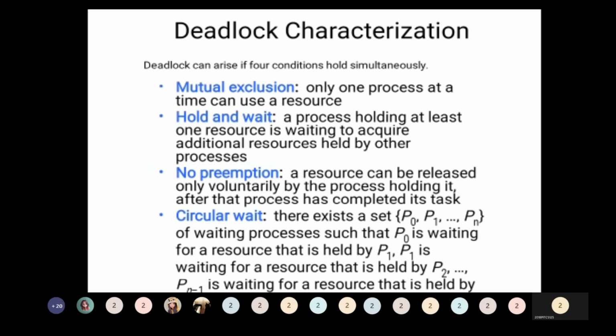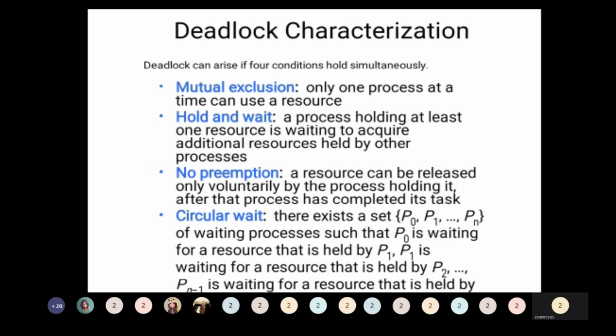In this case, only one process at a time can use a resource. If it is so, then multiple processes will be kept in waiting state for that particular resource to be released. Then there will be indefinite waiting time leading to deadlock.